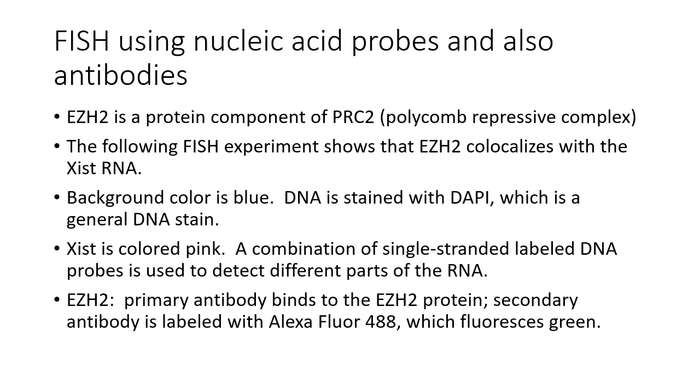The Xist RNA is colored pink, and this was obtained by hybridizing it to labeled DNA probes that are complementary to different parts of it. And then for EZH2, we have a primary antibody to that protein, and the secondary antibody is labeled with a fluorescent compound, which fluoresces green. And it makes some astonishing images, really.